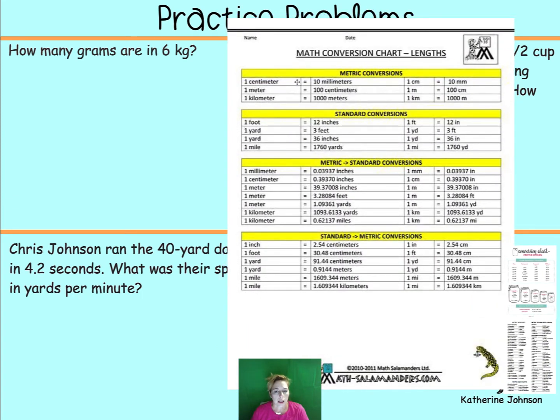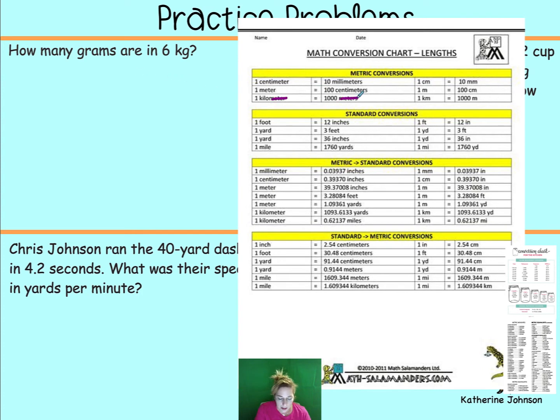I can look at kilo means 1,000 meters, and a meter is 100 centimeters. But remember, meters is like the grams, because if you take the word meter off and substitute grams, I get 1 kilogram equals 1,000 grams. So there I have my conversion.